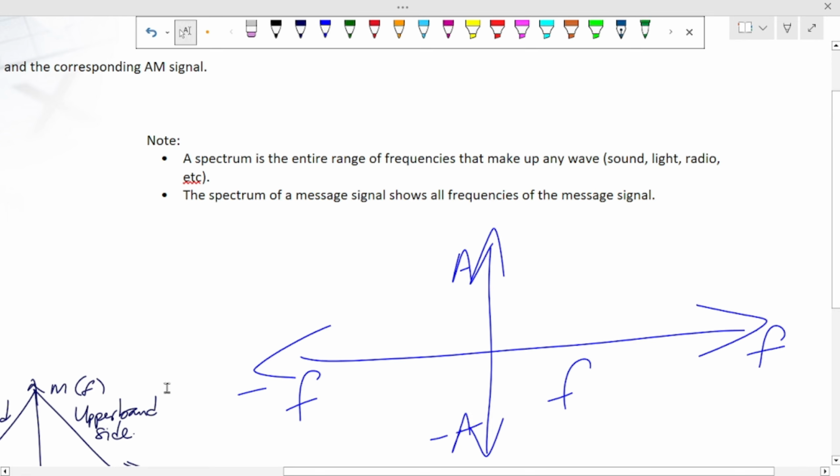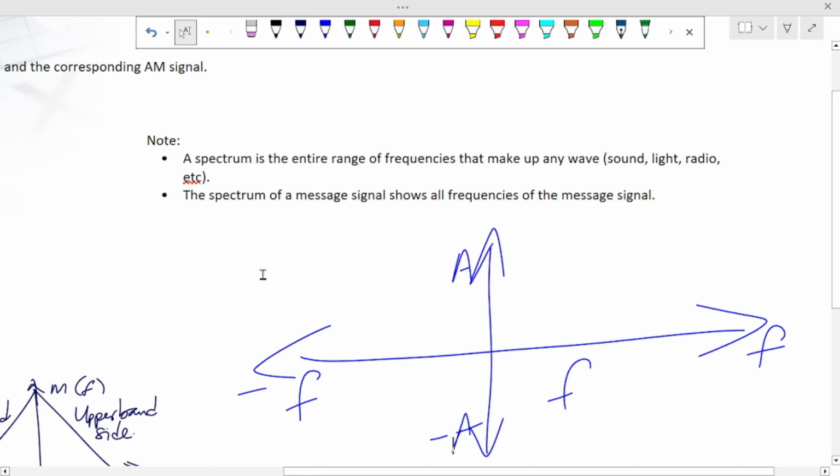The entire range is what we refer to as spectrum. So the spectrum of a message signal will show all frequencies of that message signal.